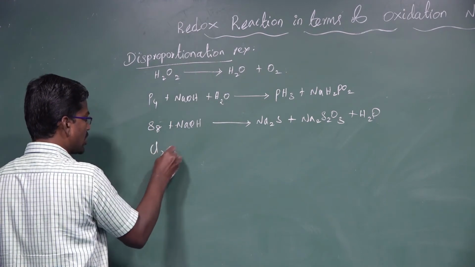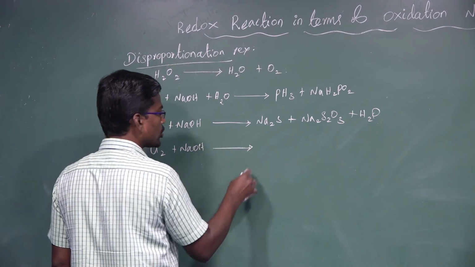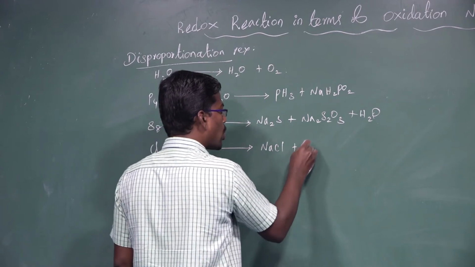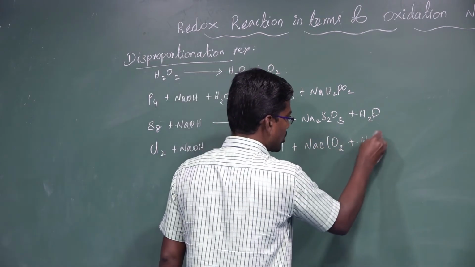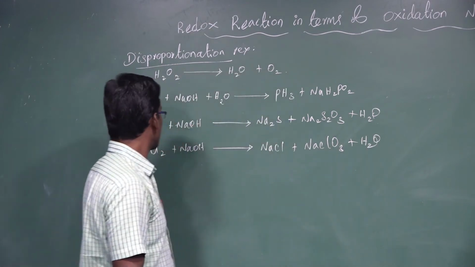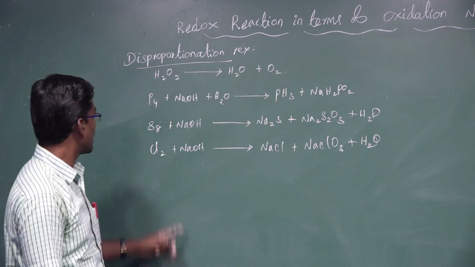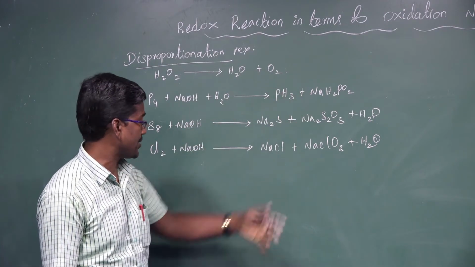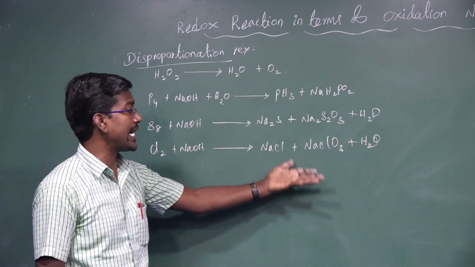Then Cl2 reacts with sodium hydroxide to produce sodium chloride NaCl plus sodium chlorate NaClO3 and water H2O. Phosphorus can be converted to phosphine and sodium hypophosphite. Sulfur can be converted to sodium sulfide and sodium thiosulfate. Chlorine can be changed into sodium chloride and sodium chlorate.